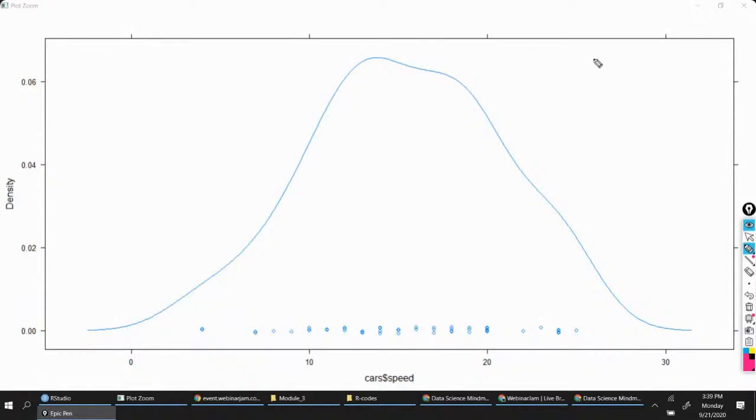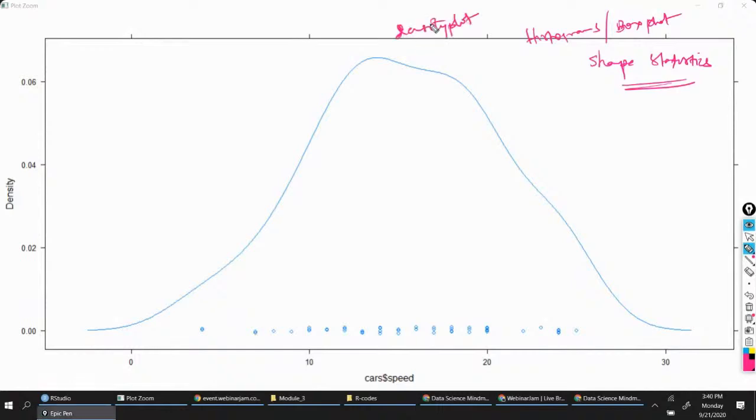Now the shape statistics is something that we discussed. Remember, we completed shape statistics, right? We looked at histograms, then we also discussed box plots.